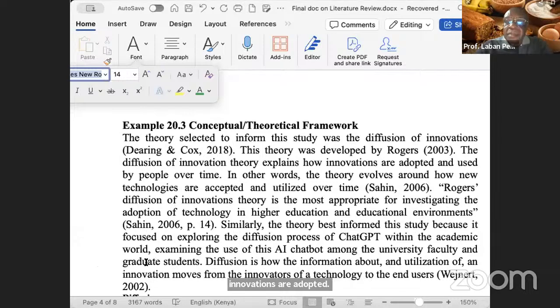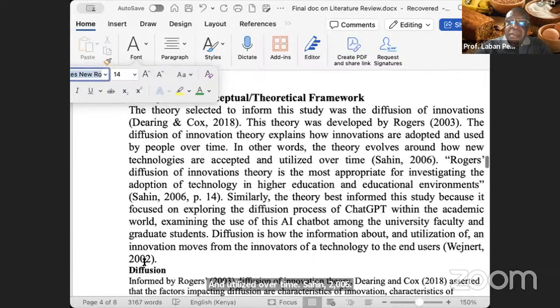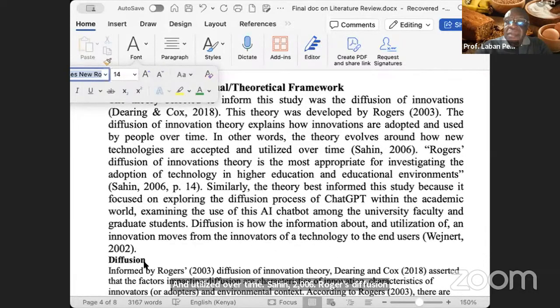In other words, the theory evolves around how new technologies are accepted and utilized over time, Sahin 2006. Rogers' diffusion of innovations theory is the most appropriate for investigating the adoption of technology in higher education and educational environments, Sahin 2006, page 14.